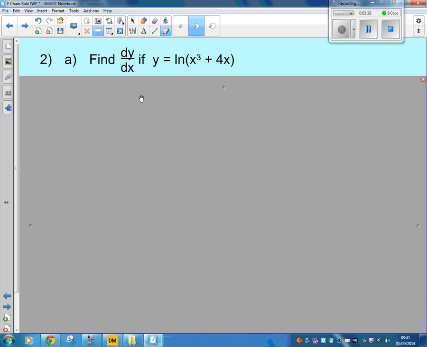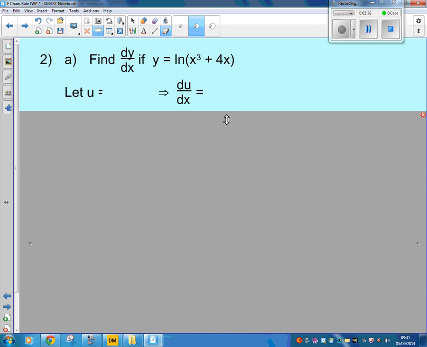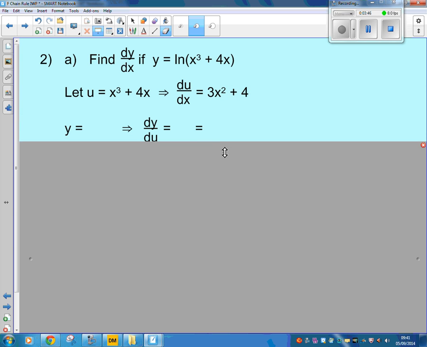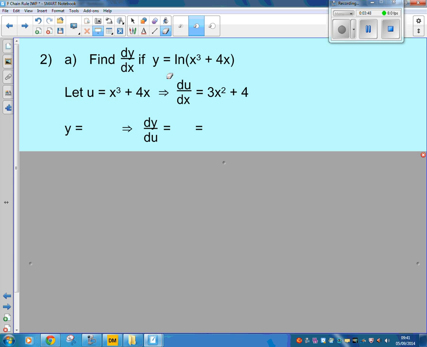Let's look now at lns. Again, we'll do the first one using the chain rule in full. So you've got y is ln of (x cubed + 4x). So we let u equal the x cubed + 4x. du over dx is 3x squared + 4. Now, y is now, instead of being ln of (x cubed + 4x), we can write it as ln of u.